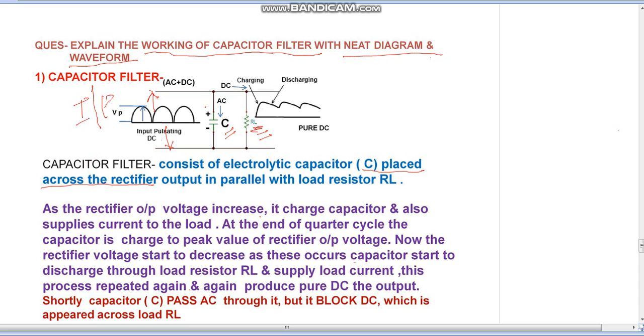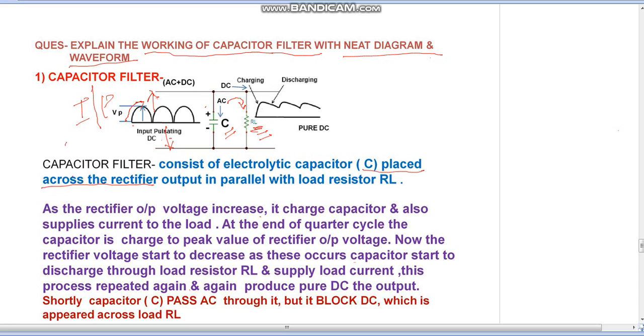As the rectifier output voltage increases, it charges capacitor C. At the same time, the capacitor provides supply current to the load RL.